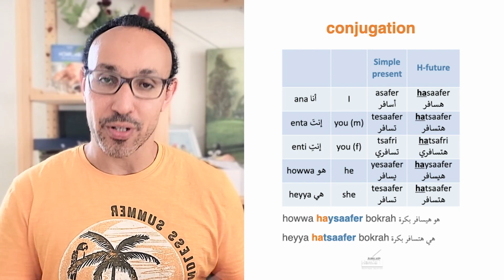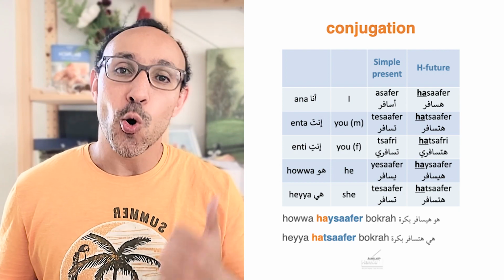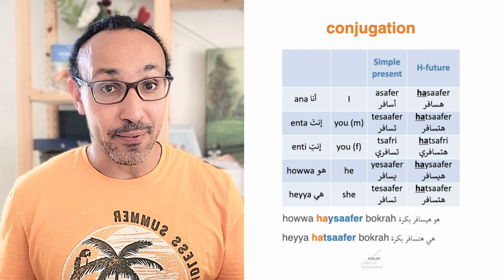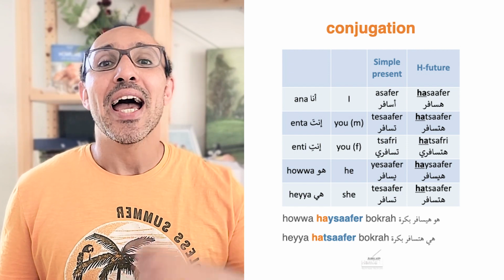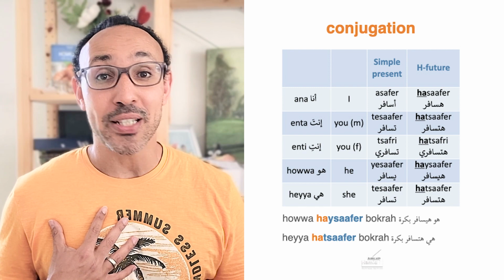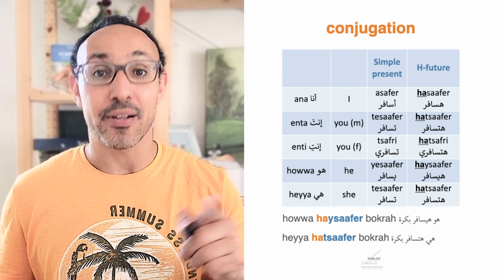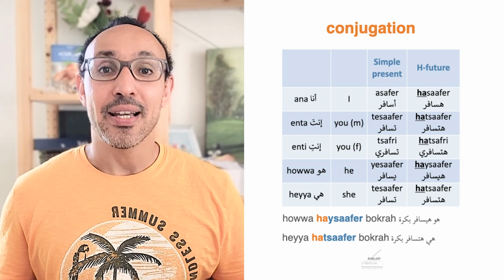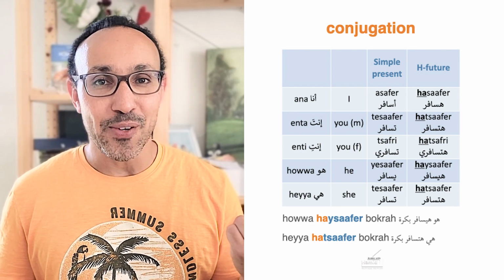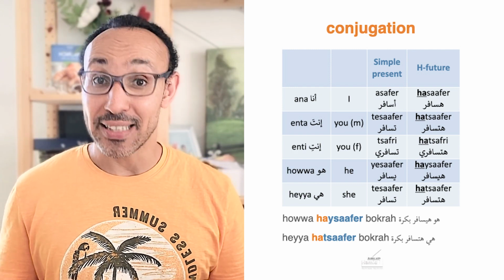This is the future. هو يسافر, it becomes هو هيسافر. هي تسافر, it becomes هي هتسافر. So أنا أسافر simple present, هسافر future, أنت تسافر, هتسافر, أنتي تسافري, هتسافري, هو يسافر, هيسافر, هي تسافر, هتسافر.